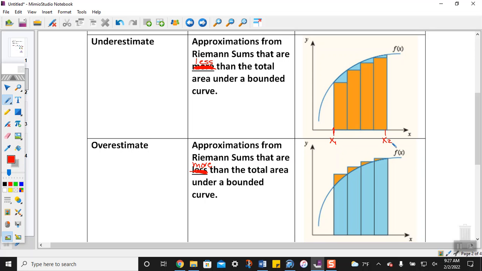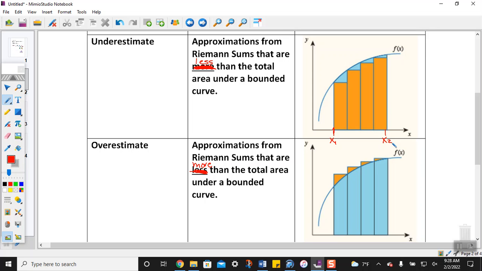So from x1 to x2, there's a total area under there. When I break it down into the total sum of the intervals and add the area of those rectangles up, this part right here gets left over. This is unaccounted for, isn't it, for area in blue? So this, my friends, would say this orange area is less than the orange and the blue areas put together, which would be the total. So this would be an underestimate right here.